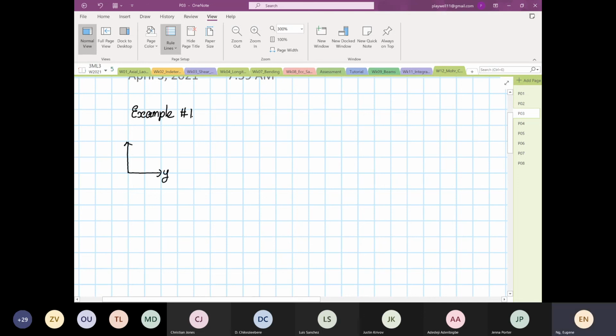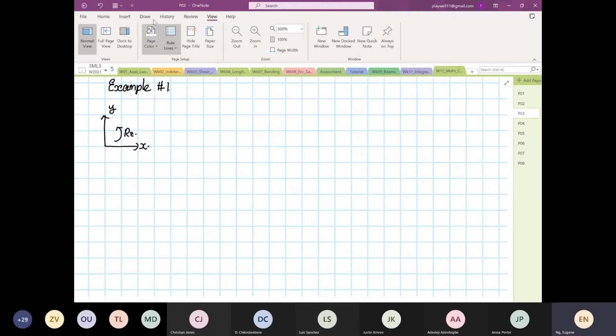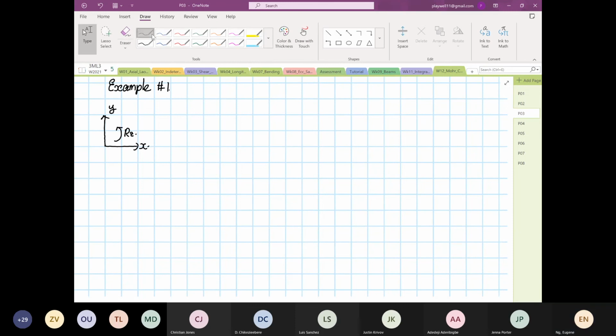This is your point Y. Point X, point Y. Rotation about Z, but we know that we don't use Z. So that's our element.